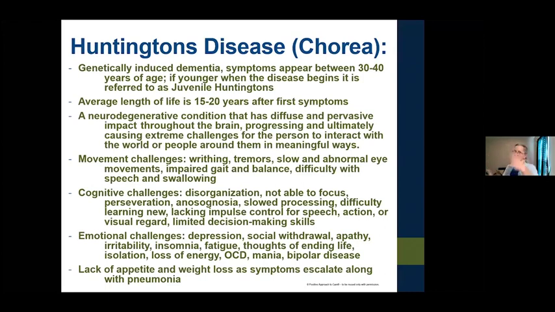And then we may start seeing episodes of disorganized thinking, not able to focus, perseveration on something, absolutely unaware of skill changes, slowed processing, difficulty learning anything new, difficulty with impulse control, difficulty even with visual regard, and not making choices at all, just unable to make a decision, just stuck. Emotional changes, whether it's depression or social withdrawal, apathy.